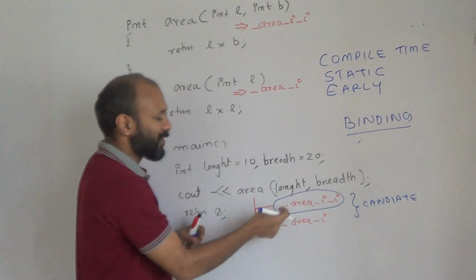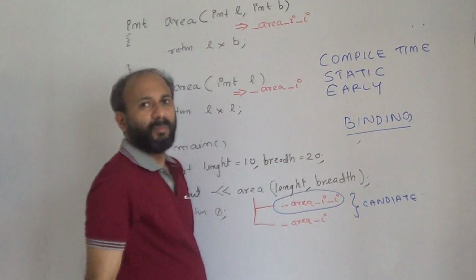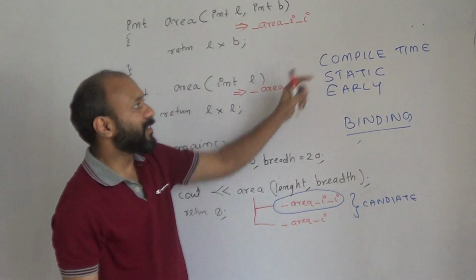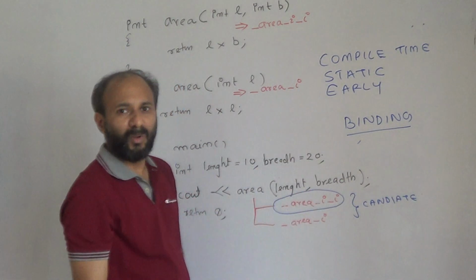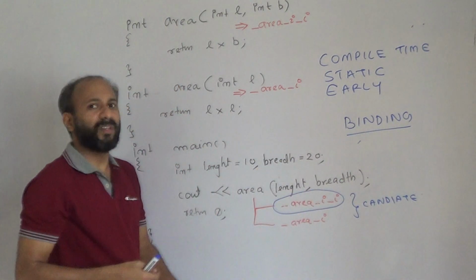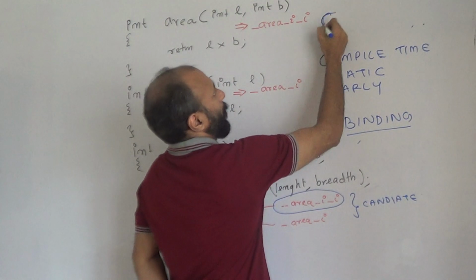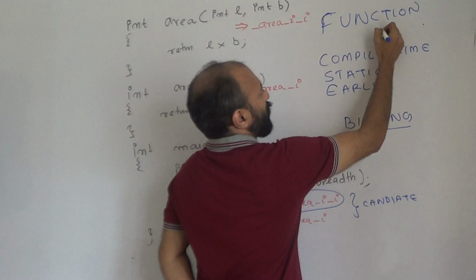It is not possible to change this binding. That is why this is known as static binding polymorphism. Since this function call resolution or binding takes place at compile time, this is known as compile time polymorphism, or function overloading.